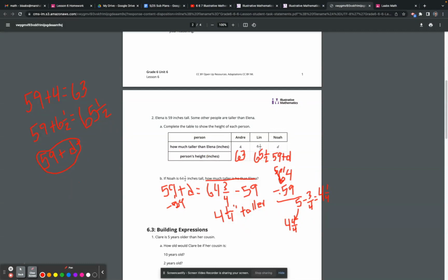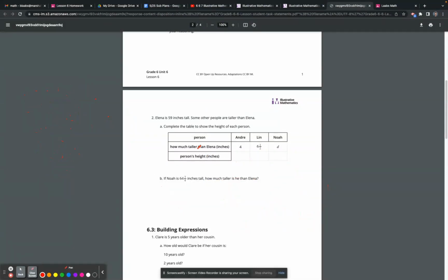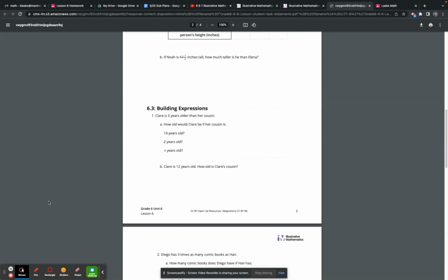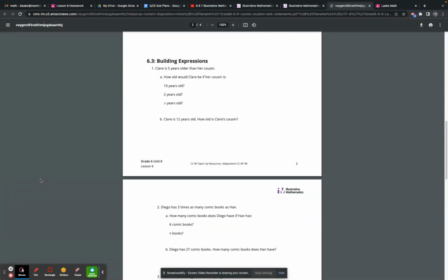All right, let's take a look at the next section here, building expressions. Claire is 5 years older than her cousin. How old would Claire be if her cousin is 10? So Claire is 5 years older than her cousin.